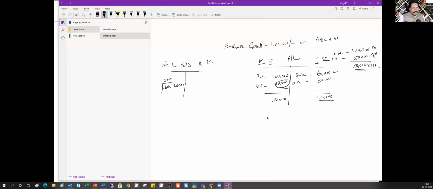Now, supposing instead of considering the actual cost of my goods sold to arrive at my closing stock value, let's assume that by mistake, I'm going to say my purchase of goods is 1 lakh, minus my sale 60,000. Rarely you will do this, but I'm just showing you what is the impact on your profitability. 60,000, right?